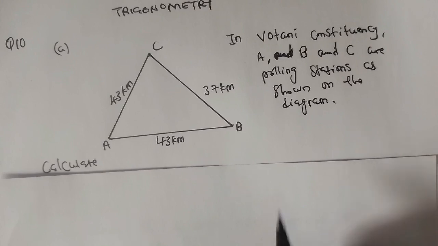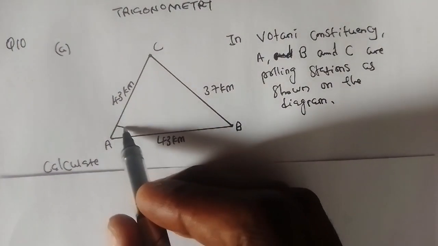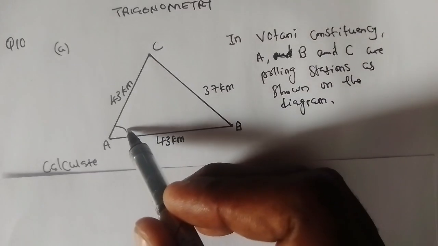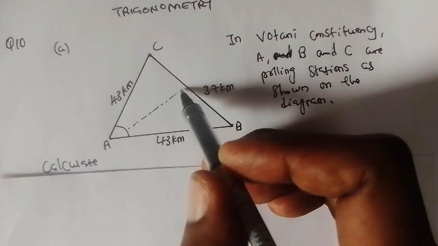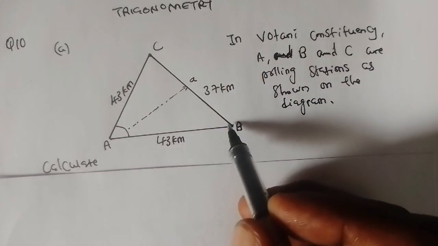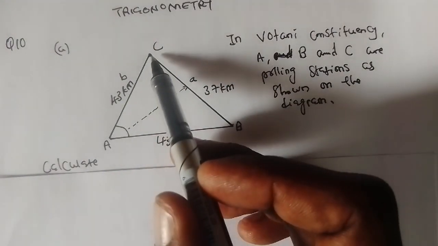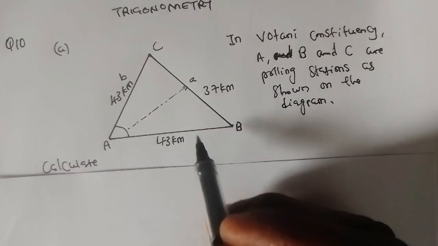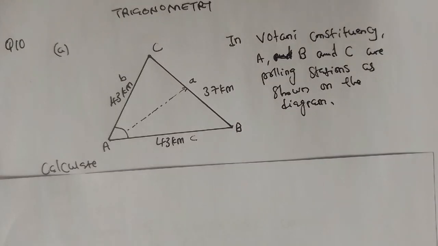I'm going to represent the angles in terms of their opposite sides. The side opposite angle A, I'll assign a small a. The side opposite angle B, I'll assign small b. The side opposite angle C, I'll assign a small c. This helps us understand properly and makes the formula look good.